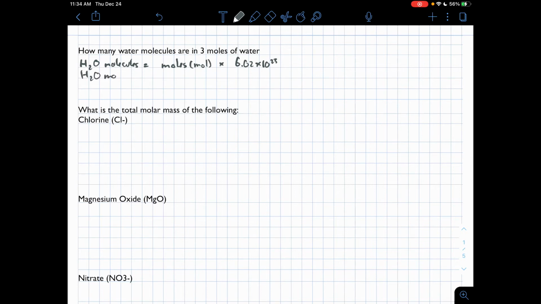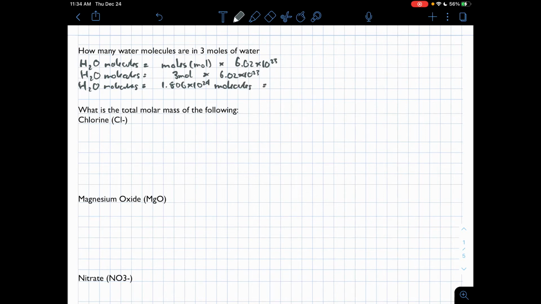So let's just go solve for this. H2O molecules, and we said 3 moles, right? So 3 moles times 6.02 times 10 to the 23. Your result should be 1.806 times 10 to the 24 molecules, but you want to remember sig figs.